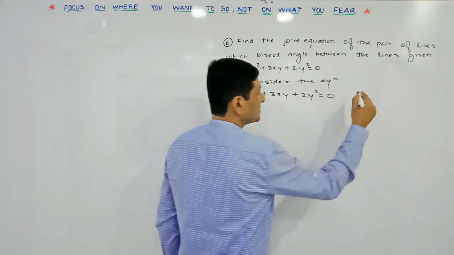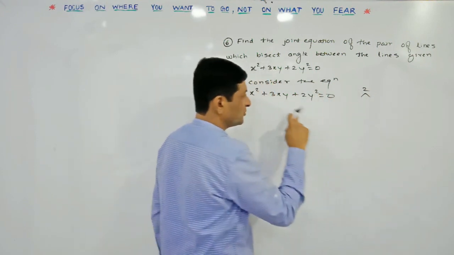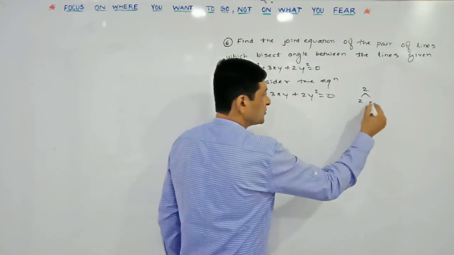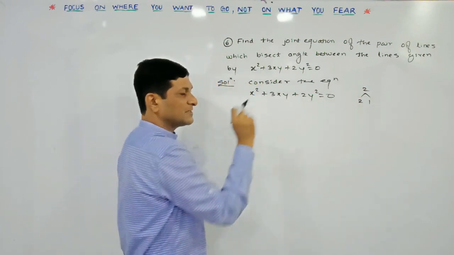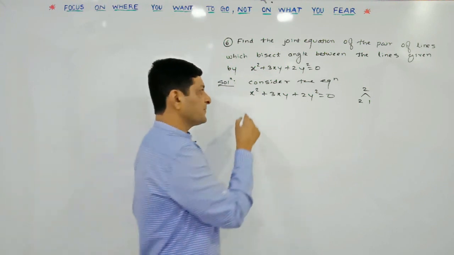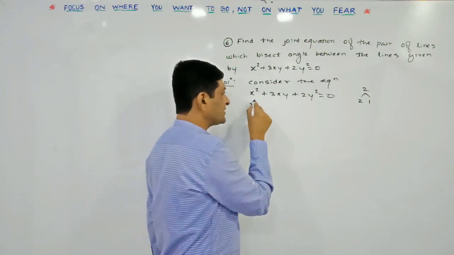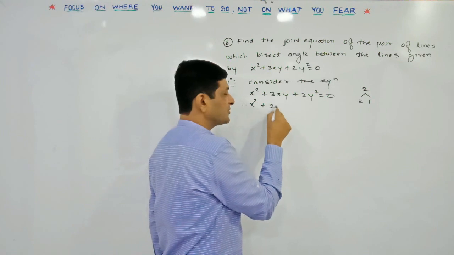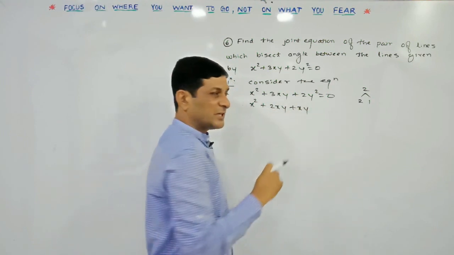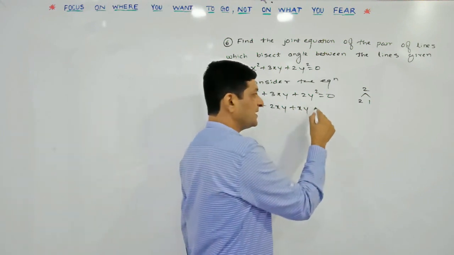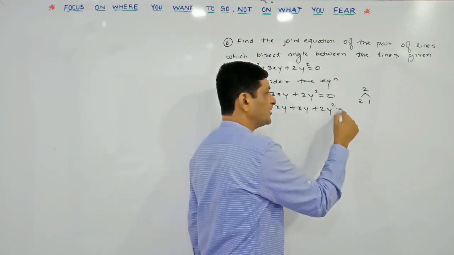Here 1 into 2 is equal to 2. Find factors of 2 such that the addition is 3. The factors are 2 and 1, and their addition is 3. So 3xy can be split up as 2xy plus xy.